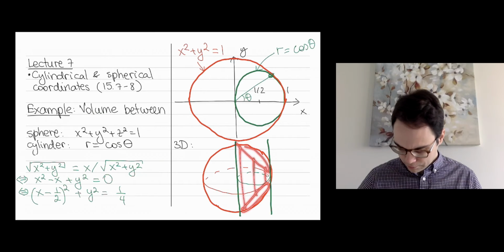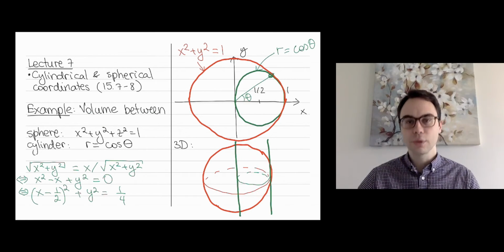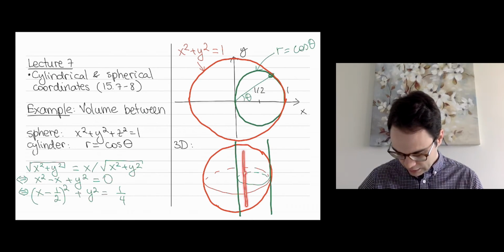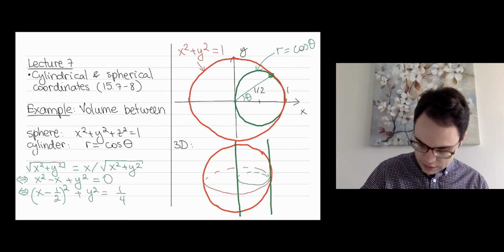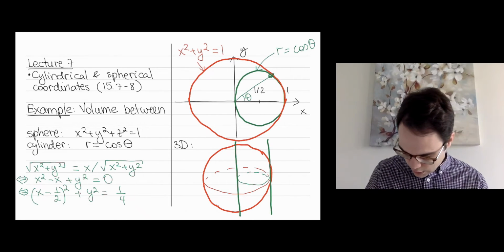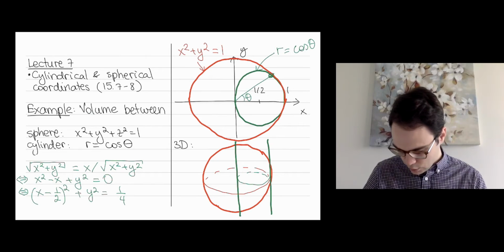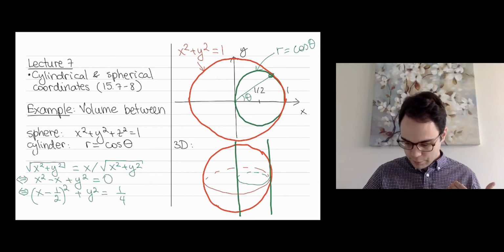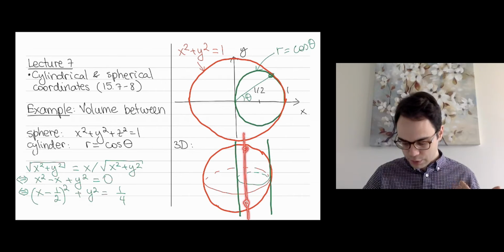If we intersect the region of integration with a vertical line, we're going to get a line segment like this, and the line segment starts and ends at the intersection points with the sphere.